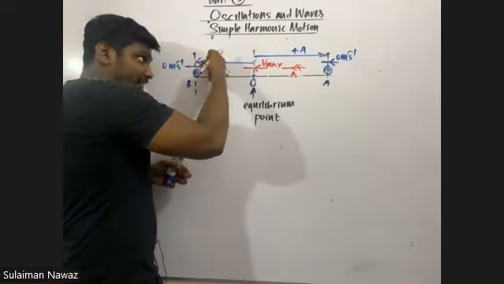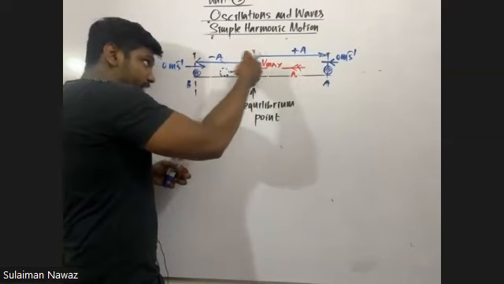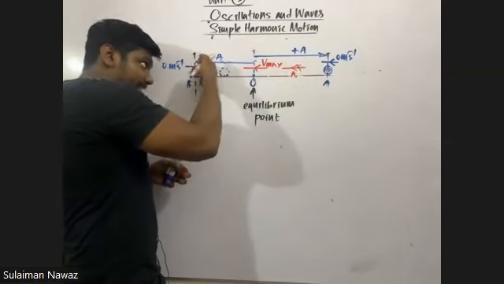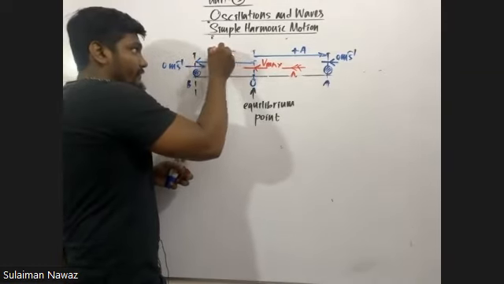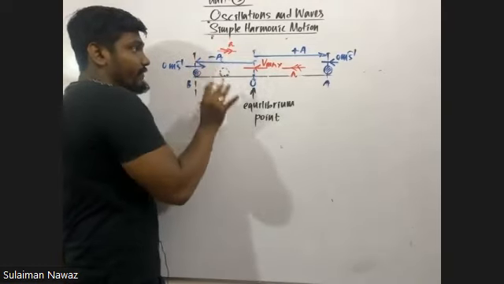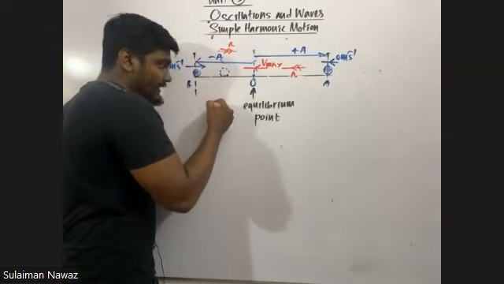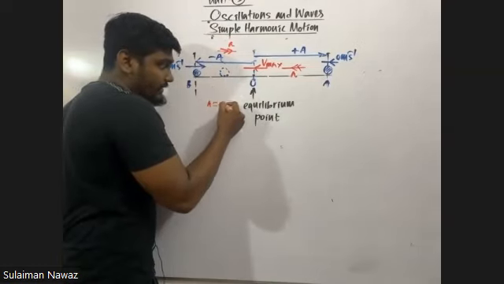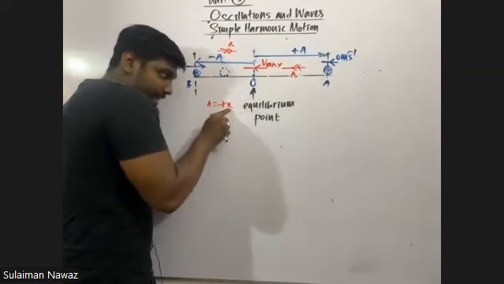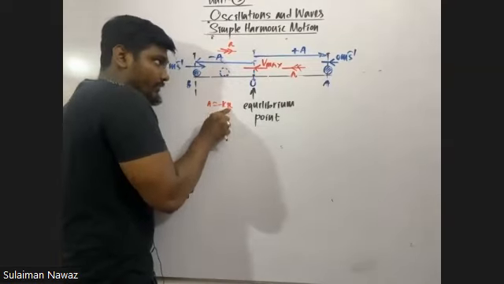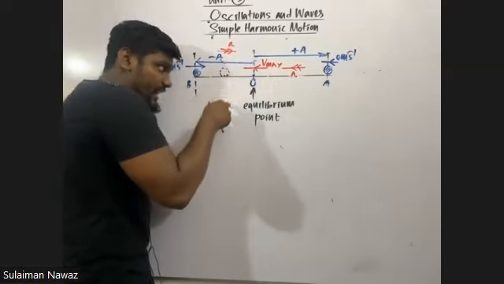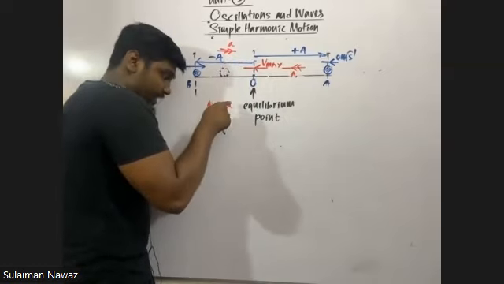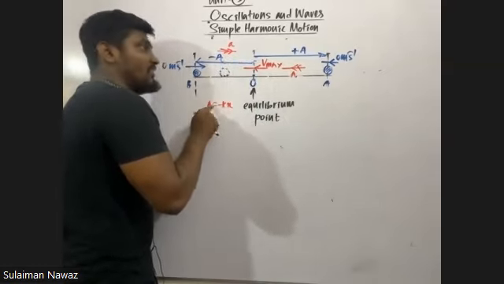This is deceleration, which means acceleration is in this direction, right? I told you also acceleration equals minus kx. When the object is at different locations in the motion, x changes. When x changes, we know acceleration changes.